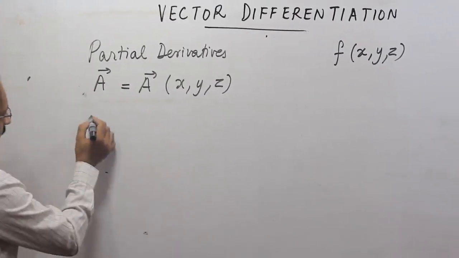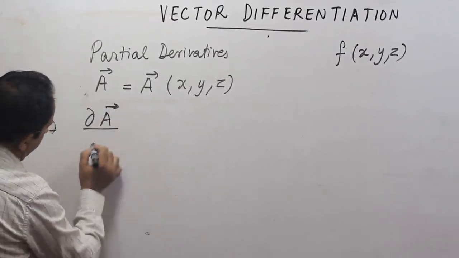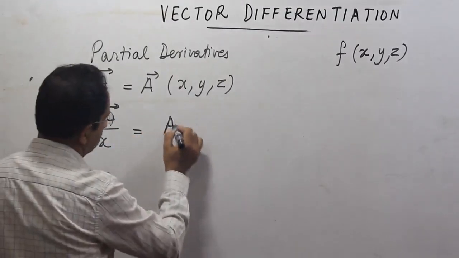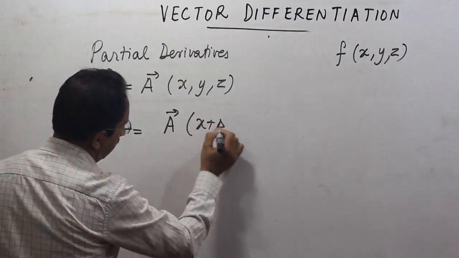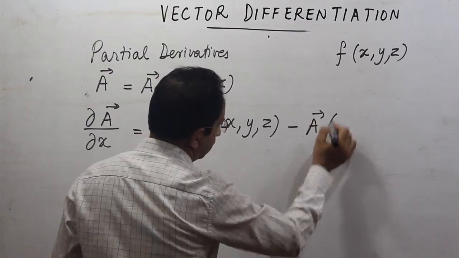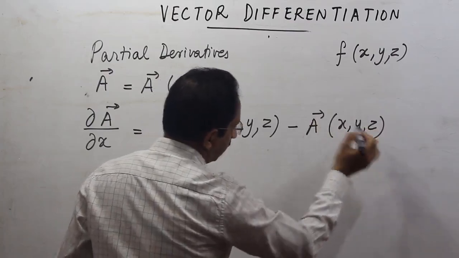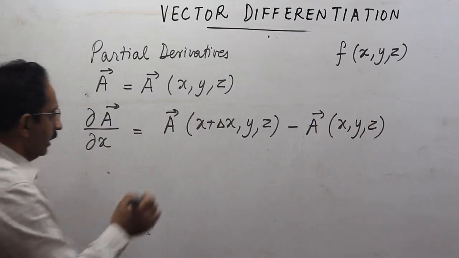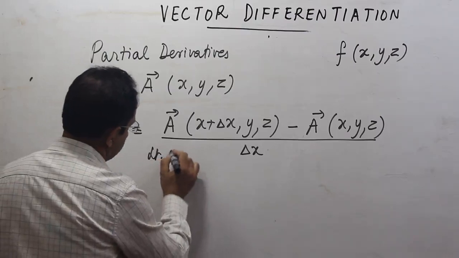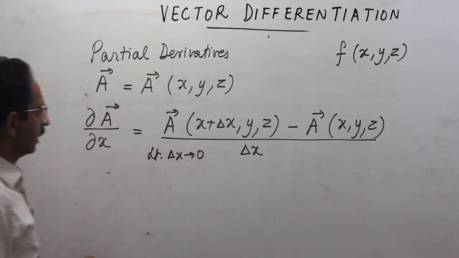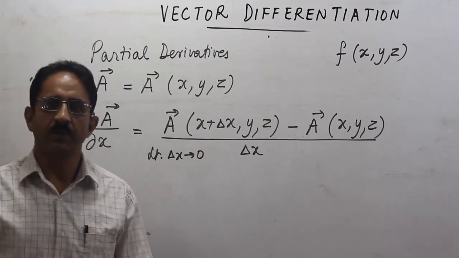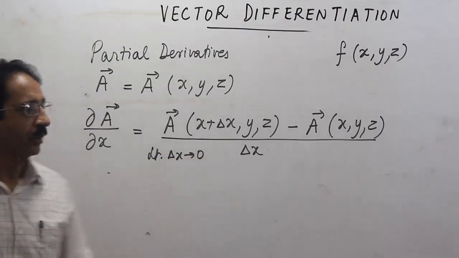For example, I can define the derivative with respect to x like this. I have the value of this vector at x plus delta x, y and z remaining the same, minus the value of this function at the point x, y, z, and I divide this by delta x such that delta x tends to 0. If this limit exists, you have obtained the partial derivative of A with respect to x, which you can call dou A over dou x.